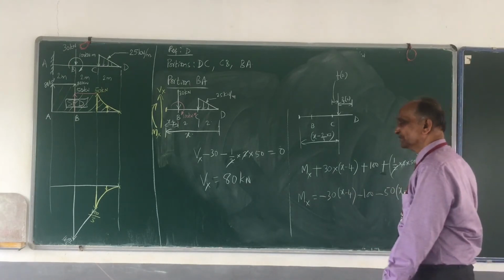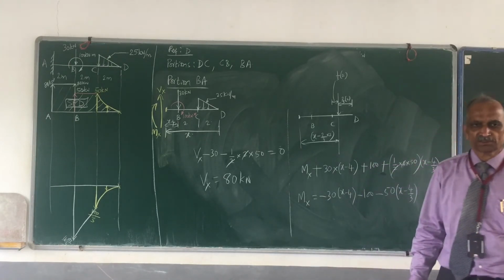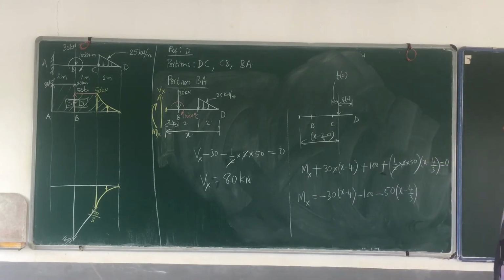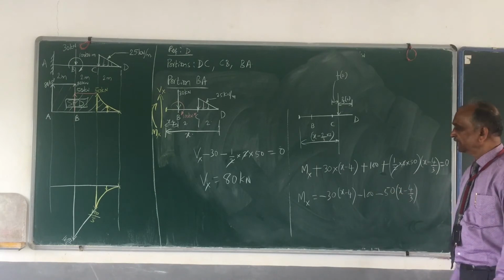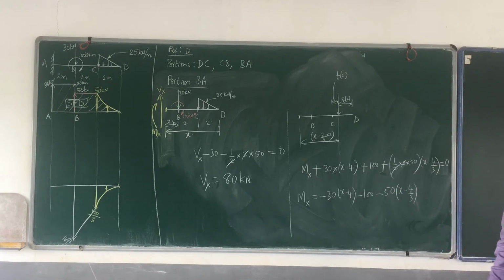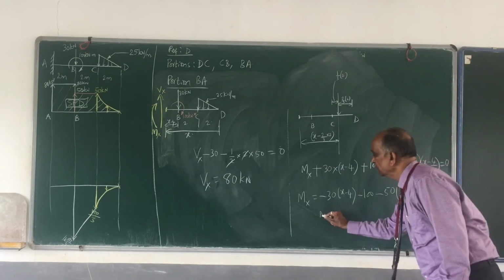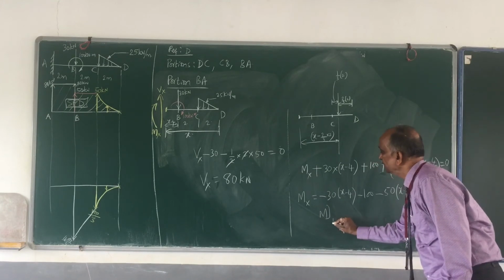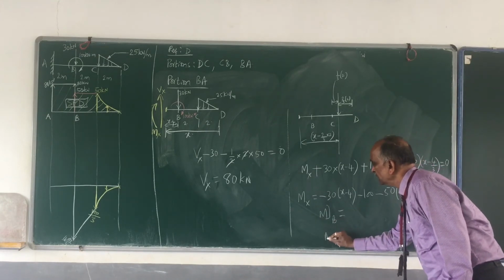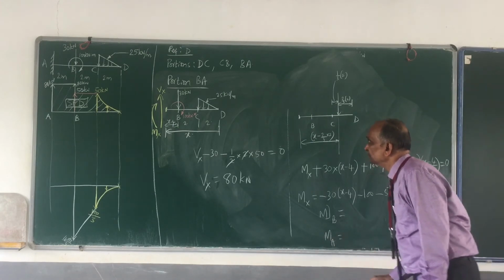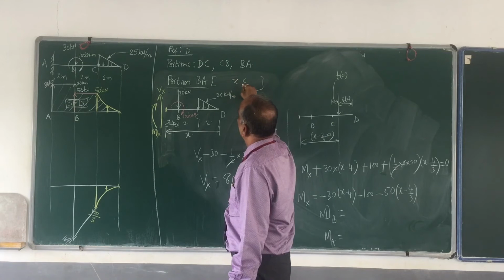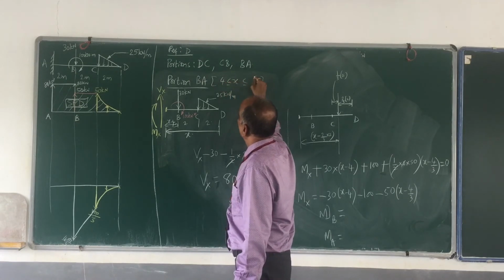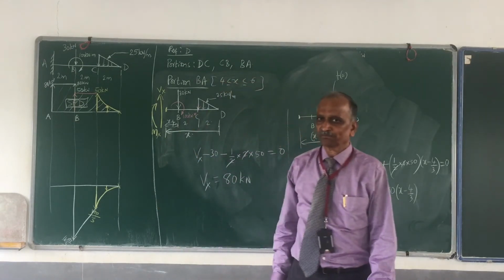We have x on the right hand side, therefore it is not constant, but we have x raised to 1 only, therefore the bending moment varies linearly. So, the bending moment at B and the bending moment at A. Only two portions, but I should have written this at the beginning. The range of x is between 4 meters and 6 meters.